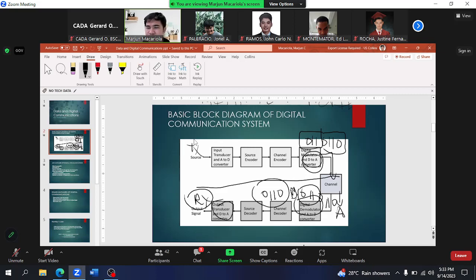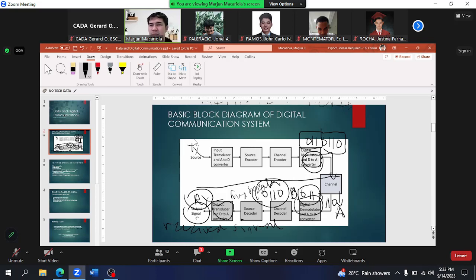Ano ba example ng mga physical output? Loudspeaker, di ba? Then ang output signal niya ay yung received signal mo. Okay? So basically, that is the block diagram of a digital communication system.